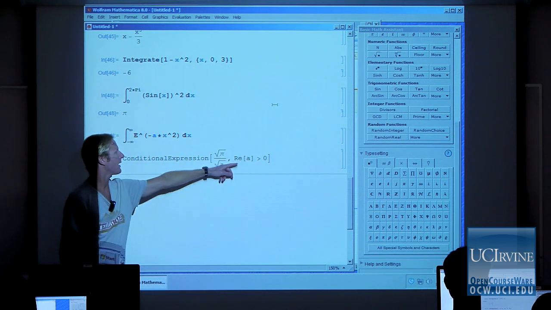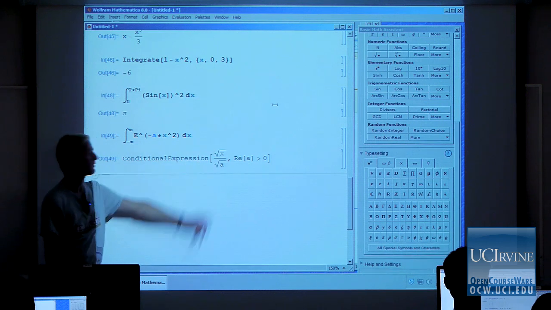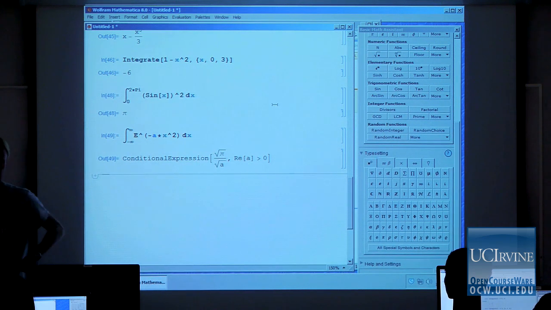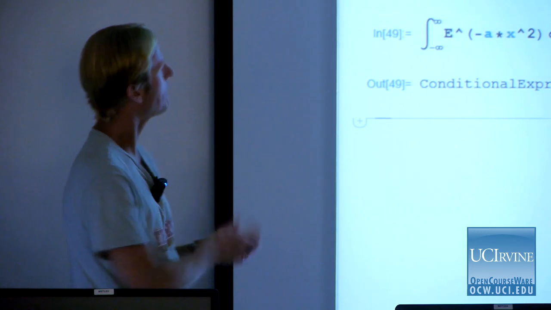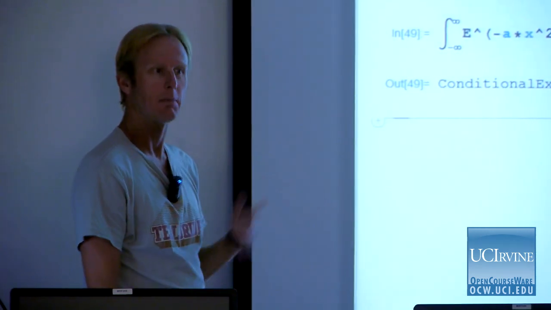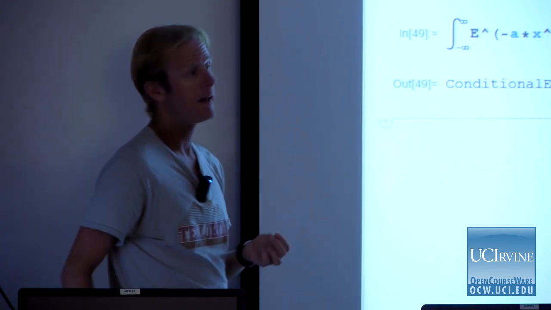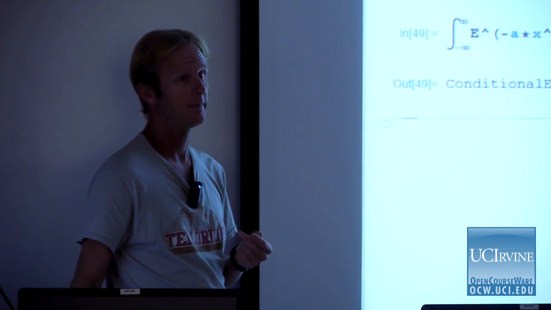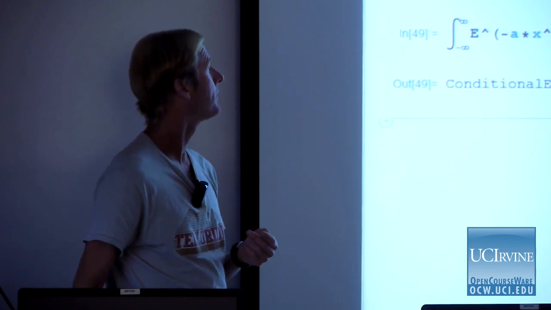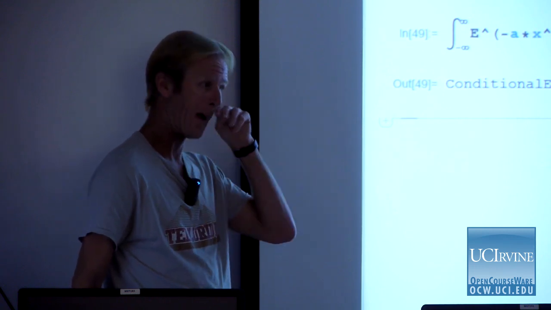It says if the real part of that is greater than 0, then the answer is square root of pi over square root of a. All right? Now, if you know how to read this, that may be what you want. But maybe you want just a nice compact answer without all that stuff. And maybe you know that a is in fact real. Then it's helpful if you tell Mathematica, especially when you're doing integrals, that a is real and greater than 0.